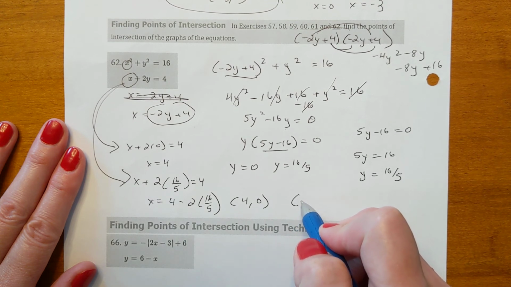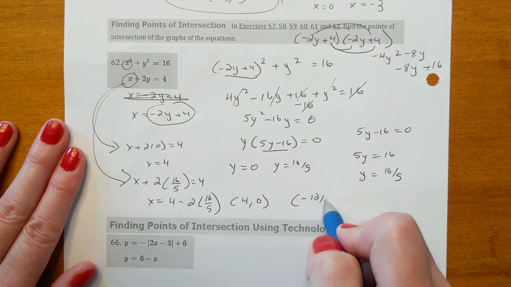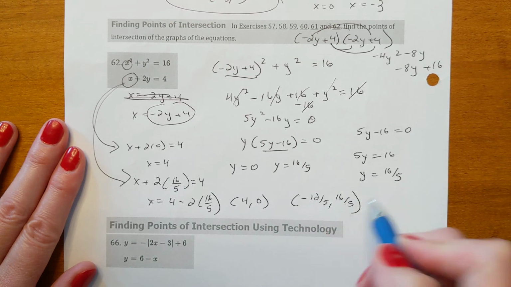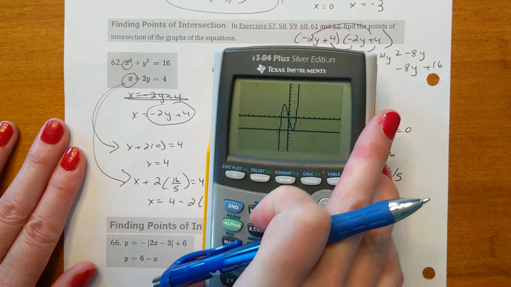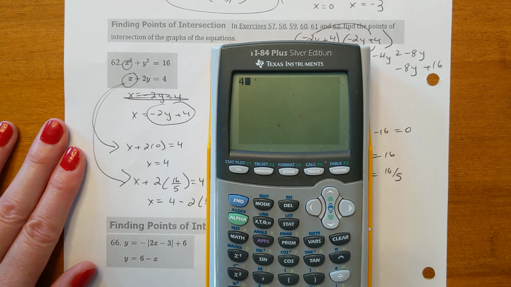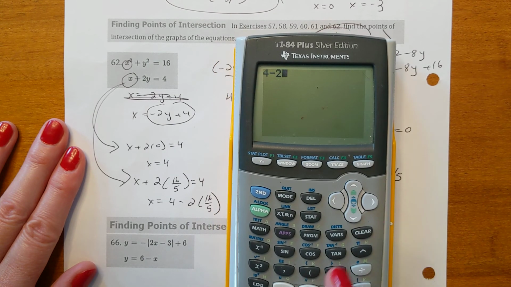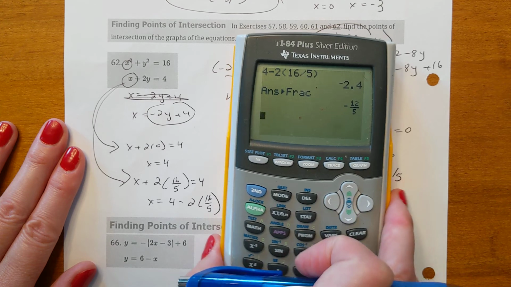So you get the point negative 12/5, comma 16/5. I'll do it on the calculator for you. So we've got 4 minus 2 times 16 divided by 5. So negative 2.4, or hit the math, enter key, and it gives you negative 12/5.